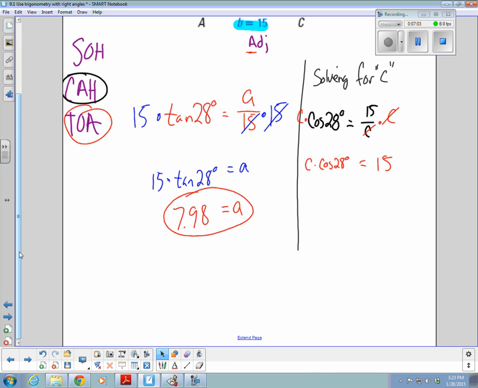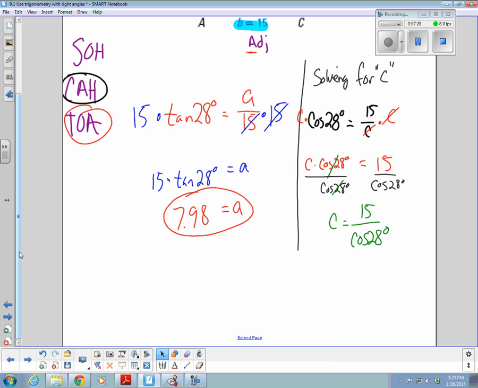Now, remember, the goal here is to get this guy by itself. So I'm actually going to divide by cosine of 28 degrees. Don't be freaked out by that because cosine of 28 degrees is really just a number. Okay, so these are going to cancel. Isn't that nice? So we get C is equal to 15 divided by cosine of 28 degrees.